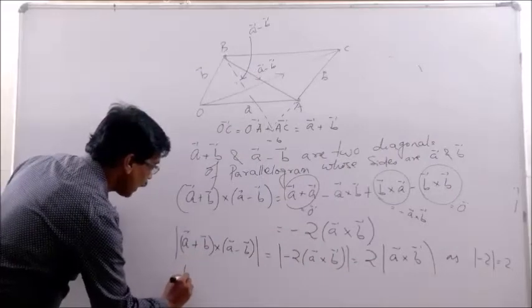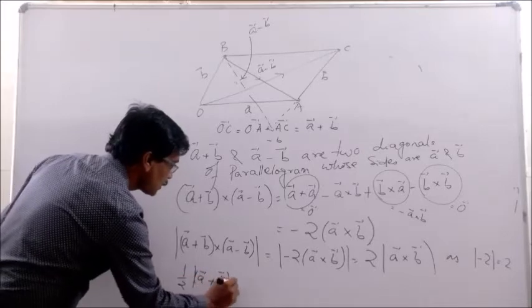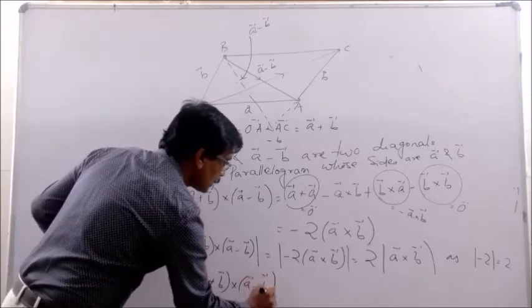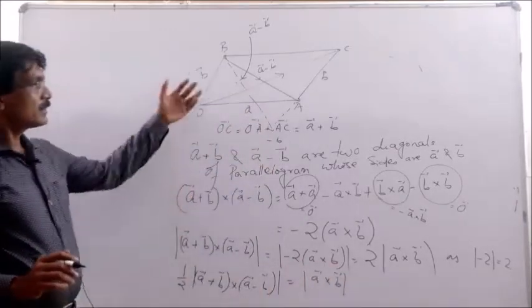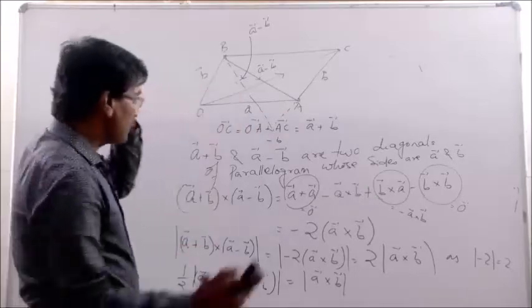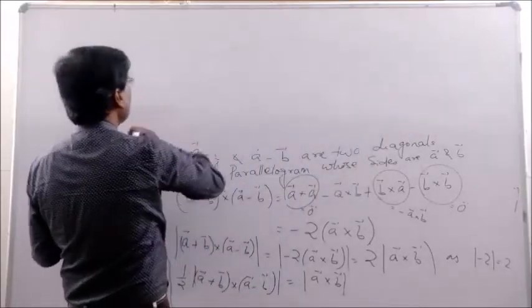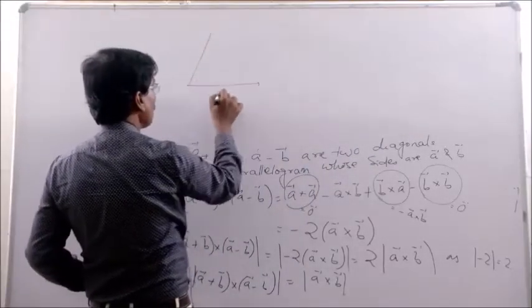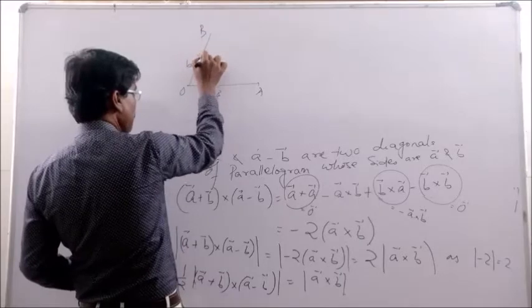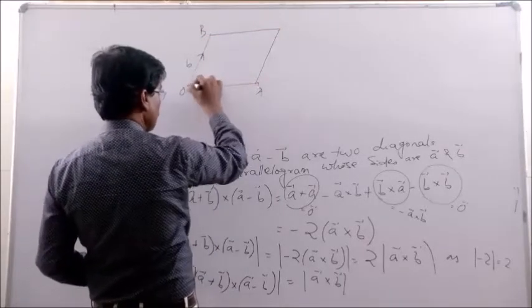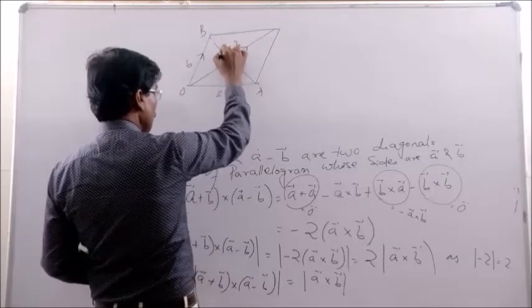So half into A plus B cross A minus B is equal to the magnitude of A cross B. So what does it geometrically represent? That means for a parallelogram whose two sides are A vector and B vector, its diagonals are A plus B and A minus B.